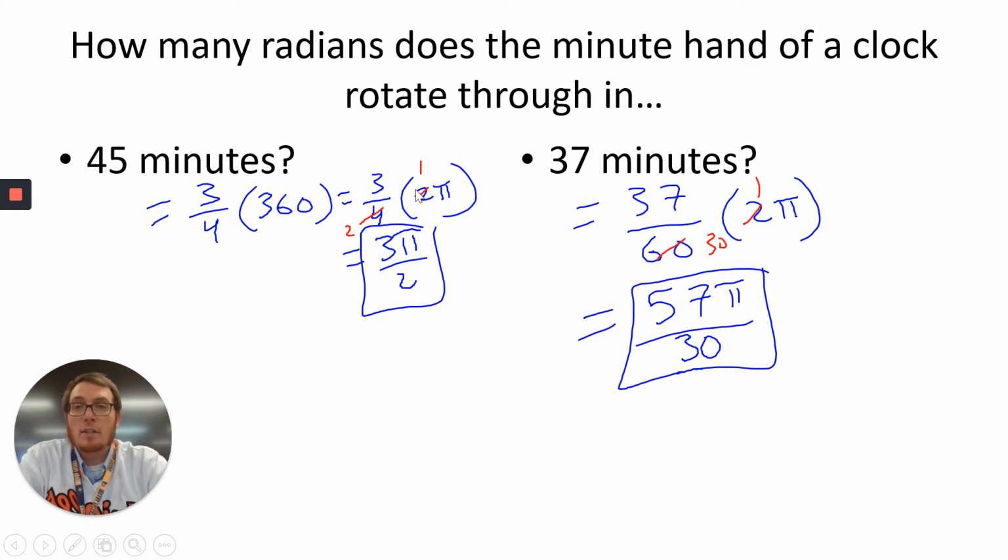In both cases, though, you need to simplify when you can, and probably in these cases you'll leave answers in terms of pi with a rational number out front or an improper fraction. So you want to make sure that you're looking at that for that situation. One typo here, this should be a 37, not a 57, so sorry about that. So 37, okay, in that spot.